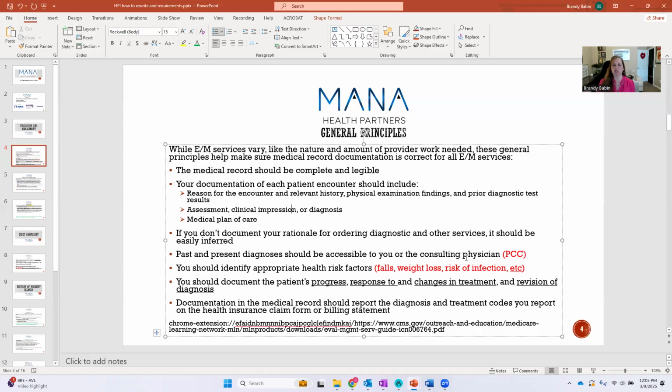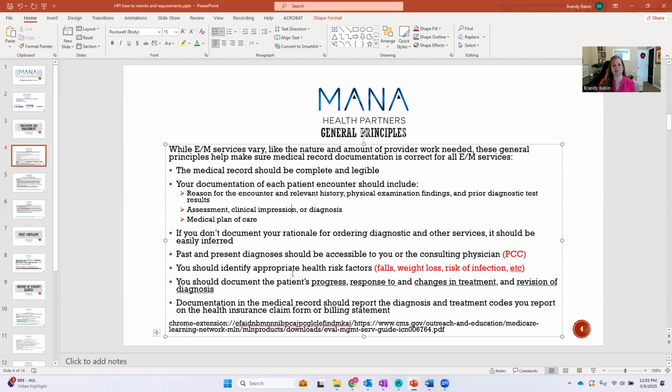If those are not under the diagnoses in Point Click Care, take 30 seconds and add them to Point Click Care. So they'll be in the medical record and your documentation will be substantiating those diagnoses and how to address them or work on them.